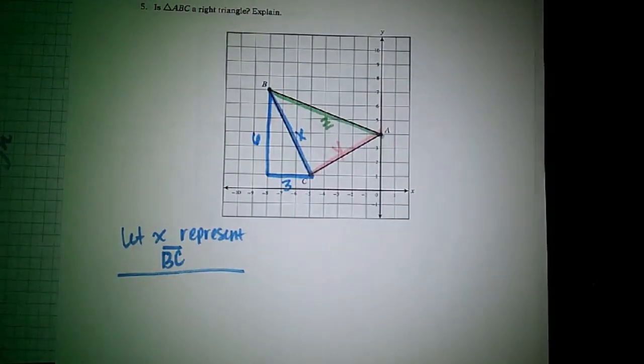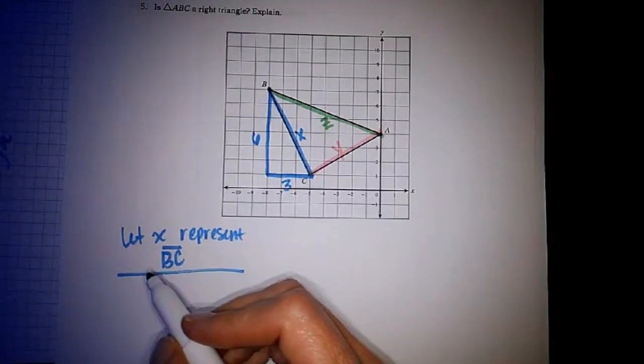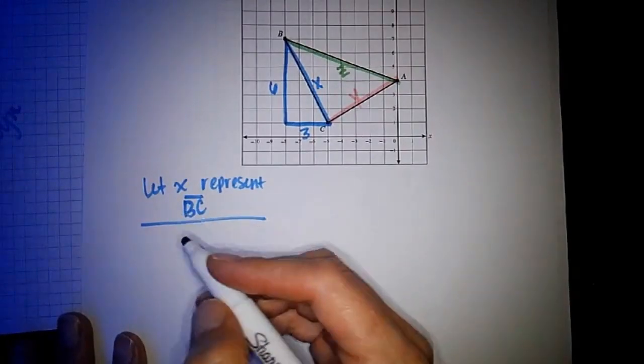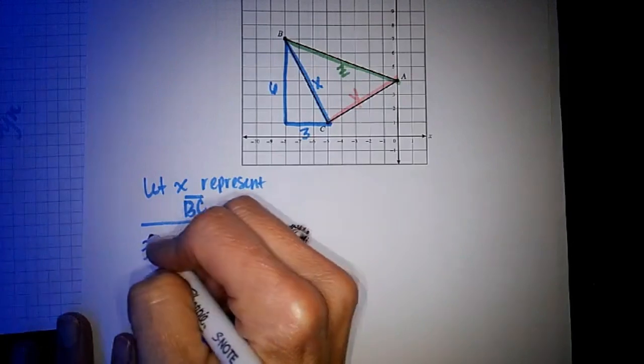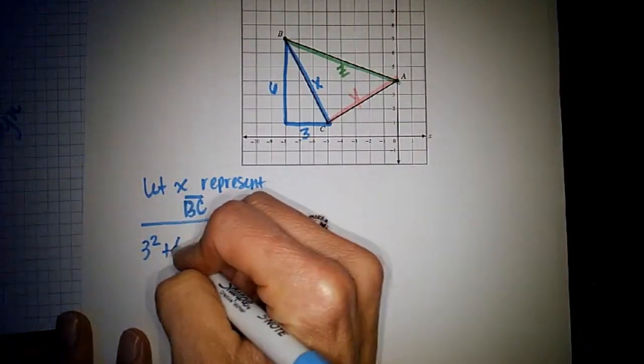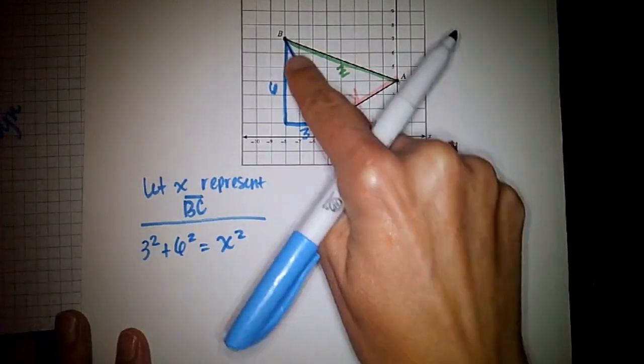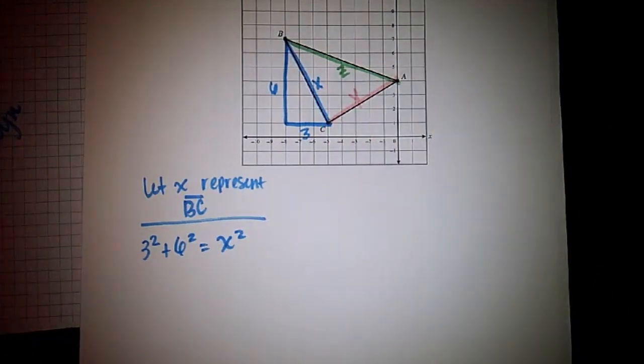Okay, so in order to use the Pythagorean theorem, what should we be doing? A squared plus B squared equals C squared. So what's my A? 3. And my B? 6. Equals X squared, because that's what we're naming our hypotenuse.